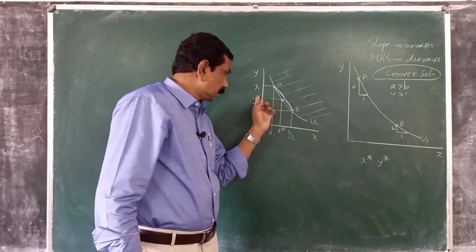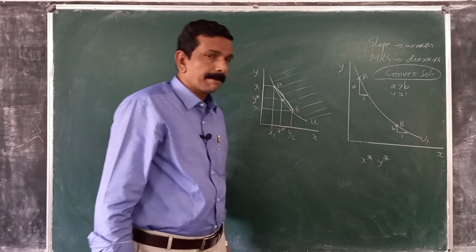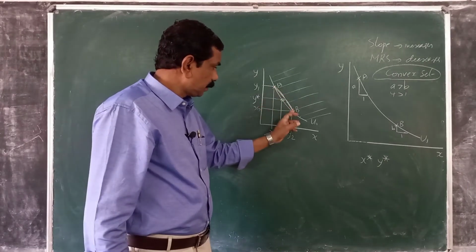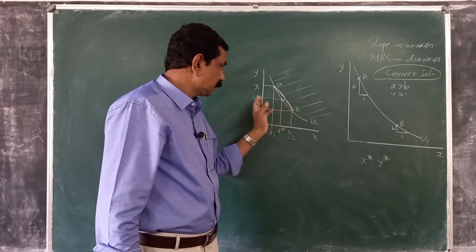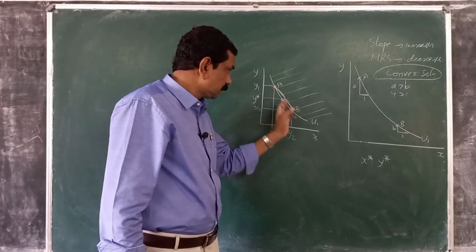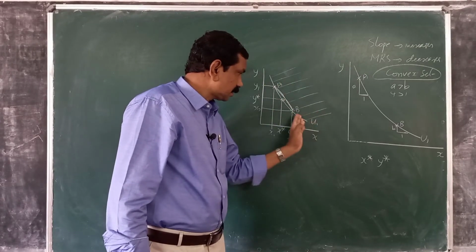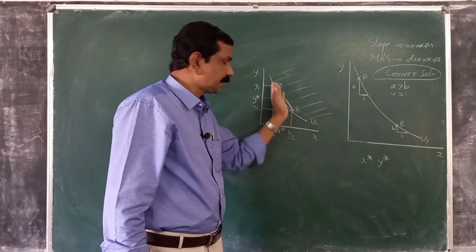So the combination is x star y star and all the combinations which are preferred to or indifferent to the combination x star y star are in the set denoted by the shaded area.